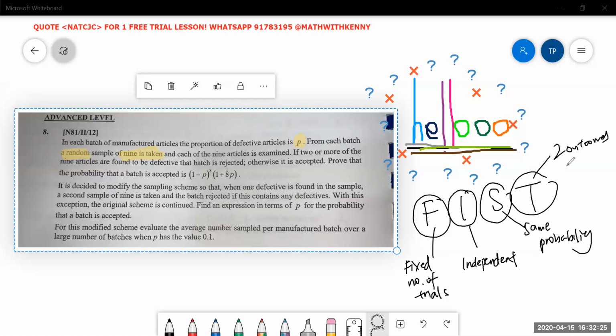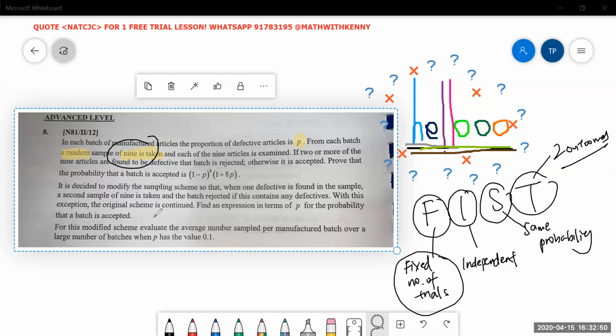So once you see that it hits all four characteristics, this question is a binomial question. It should be very obvious. Once I see the fixed number of trials, as in a random sample of 9 taken, straight away I know already. Because in DRV, it will not tell you a random sample of 9 is taken.